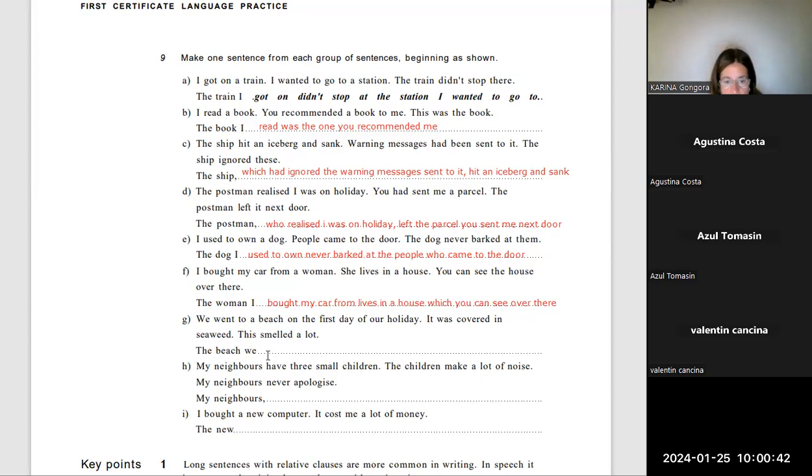The beach we went to on the first day of our holiday was covered in seaweed, which smelled a lot.